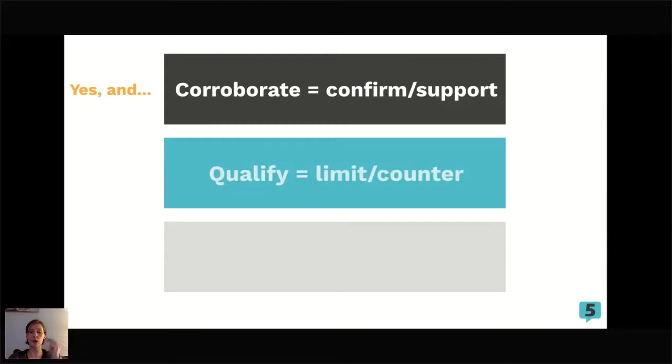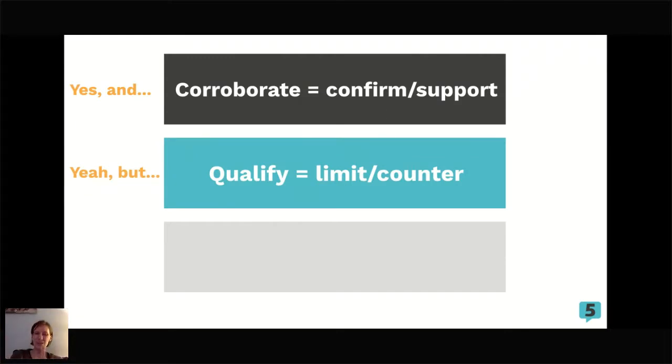The second term the College Board is throwing out at us is this idea of qualifying. Qualifying an argument is not undoing your argument. It's not undermining your argument with a counter argument, but it's limiting or countering slightly your argument in order to show another perspective or another viewpoint. I think of this as the yeah, but.